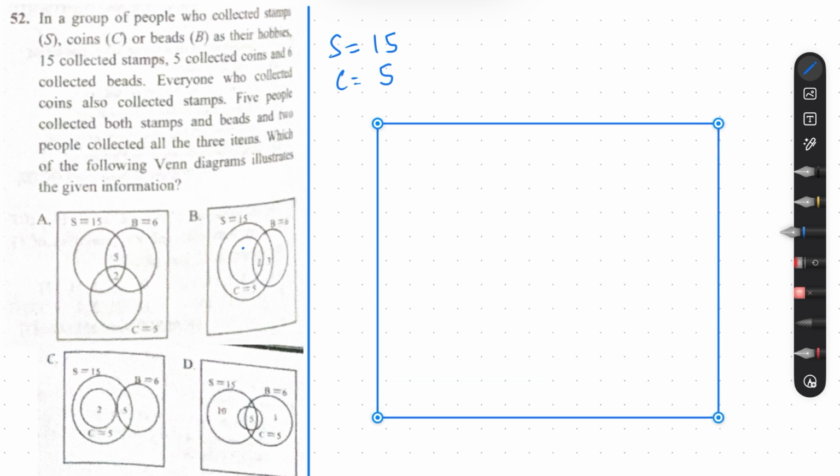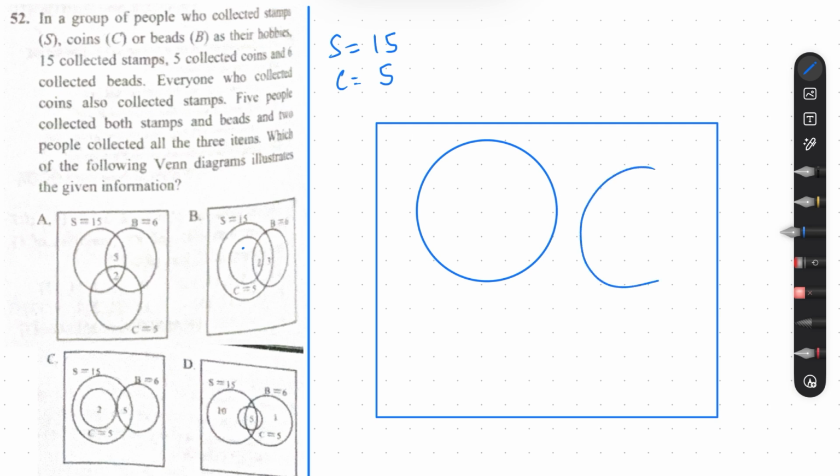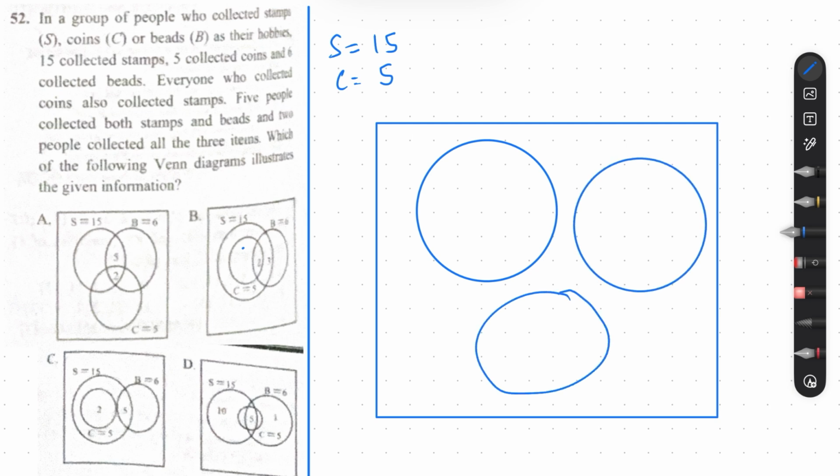Cool. Now let's put in this rectangle 3 circles. Circle number 1, circle number 2, and circle number 3. Let's draw it again, an actual circle.